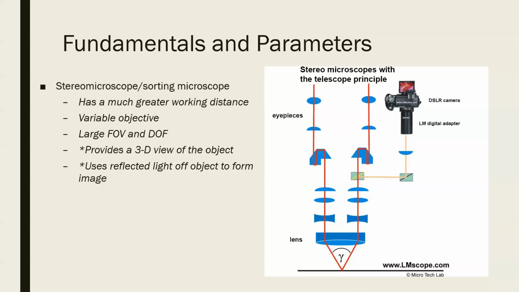It's the 3D view because there are two eyepieces that it gets split into, and I believe it's due to the prisms that it produces the image we look at later. It also uses reflected light. I chose to use the external light that shines light directly onto the subject, and we'll see how that plays a part in the next slide.